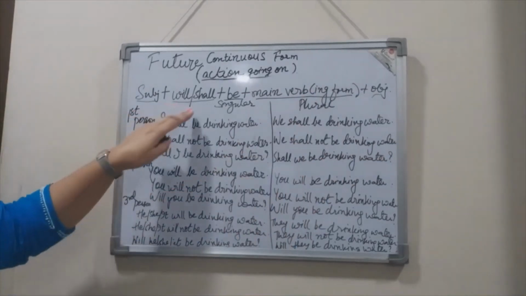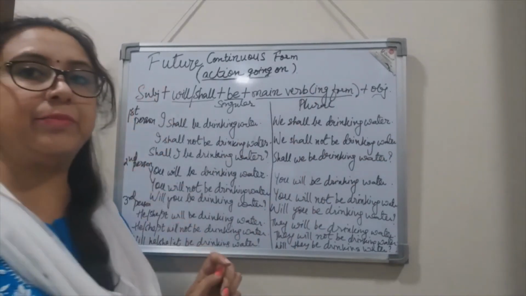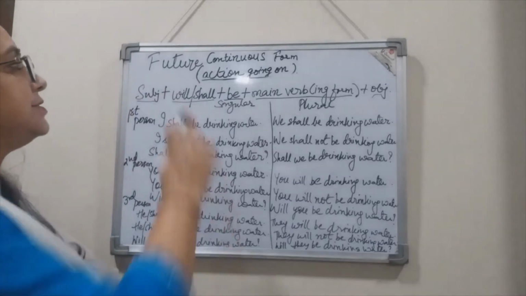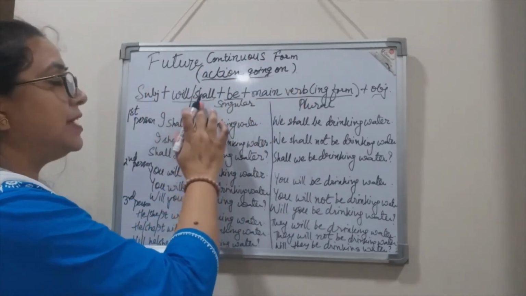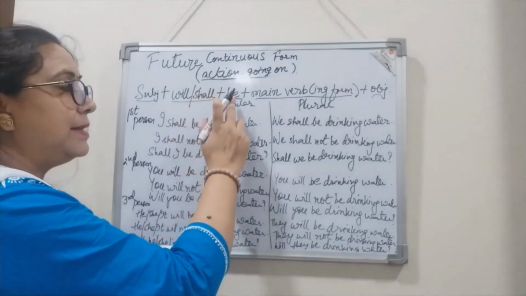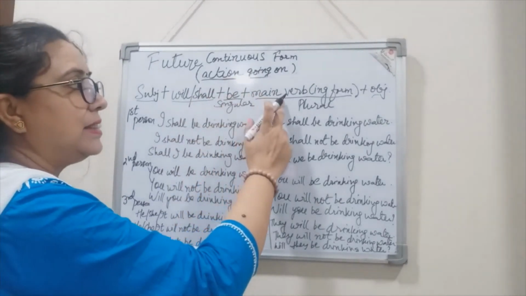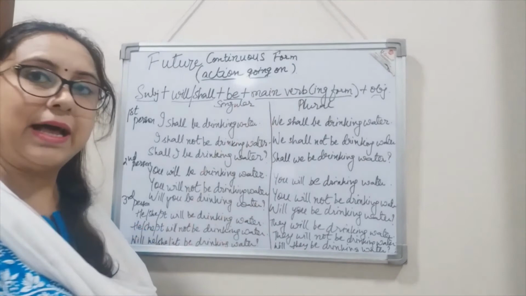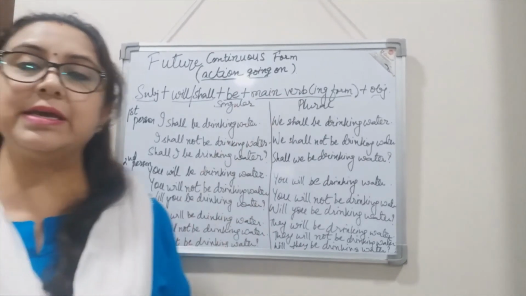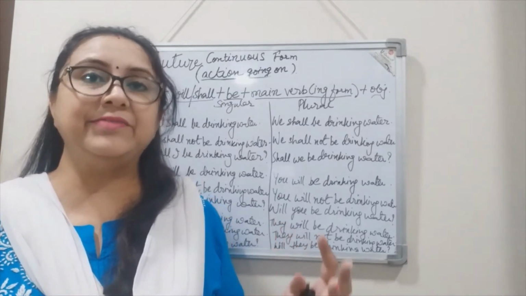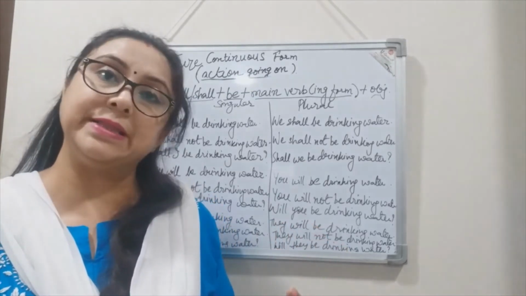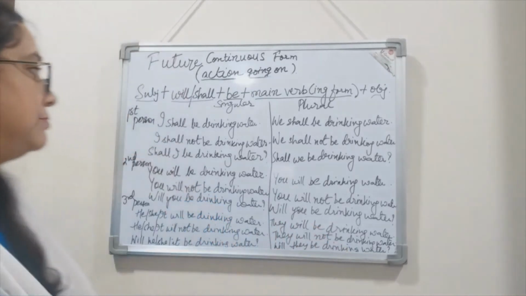So the most important thing to remember is that sentences in future continuous tense form must have will or shall, then be, and then the main verb again in its ing form. So basically we see all the continuous tense forms have the main verb in their ing form.